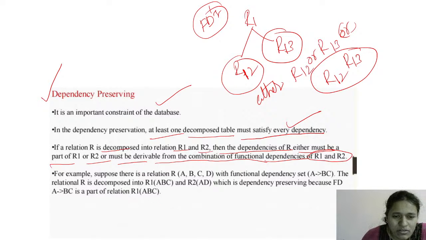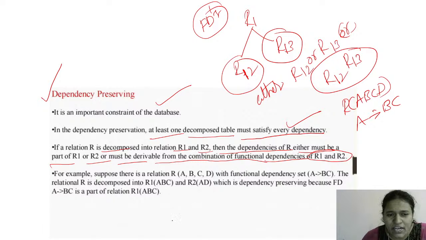For example, there is a relation R(A, B, C, D). The functional dependency is A to BC. The relation R is decomposed into R1 ABC and R2 AD, which is dependency preserving.